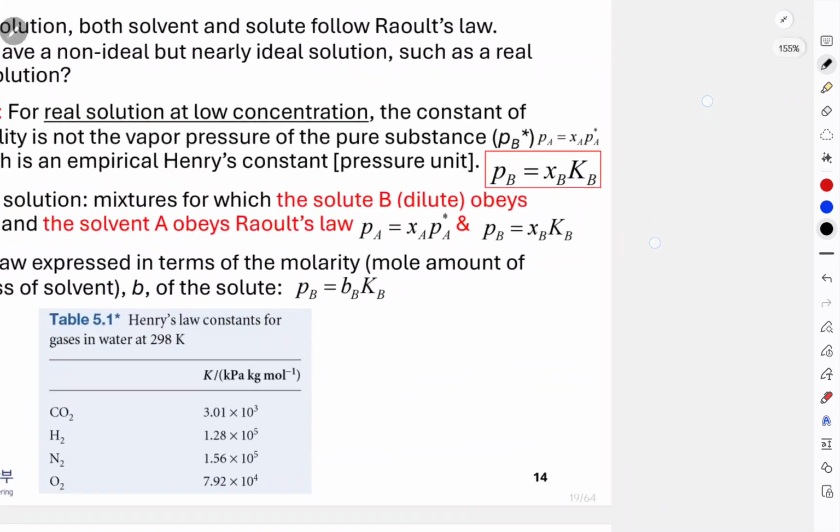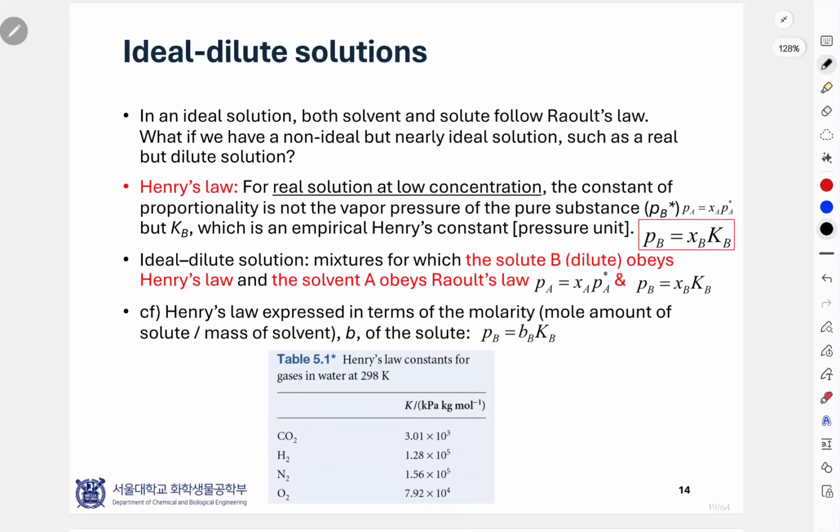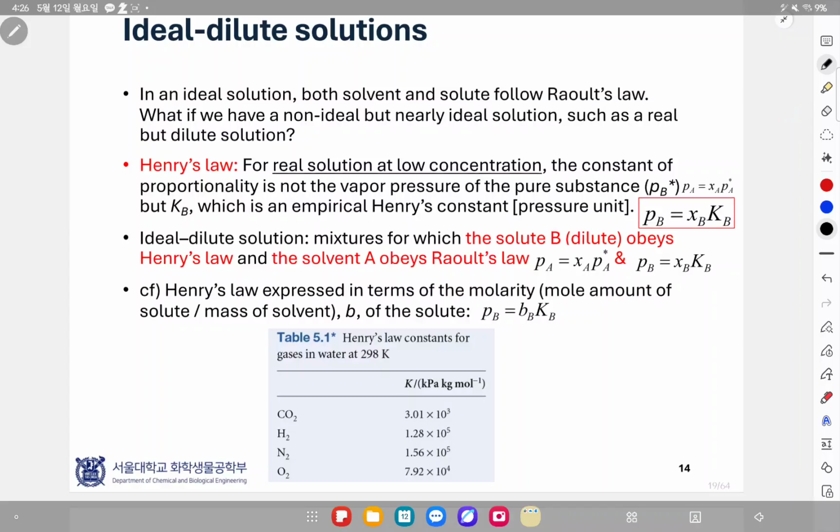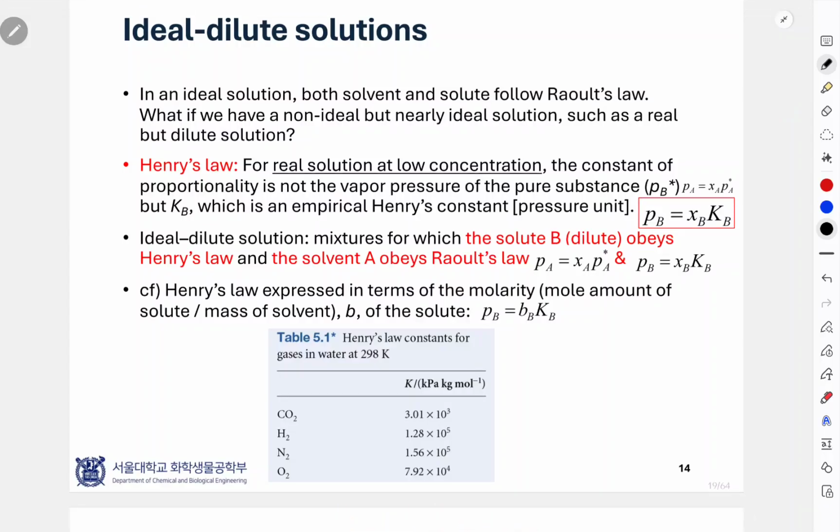Then the question is that we just calculated for the solvent A, so we also want to know about the solute. So we are going to assume another condition. Let's say, what if we have a non-ideal solution, but nearly ideal, such as a real but dilute solution.